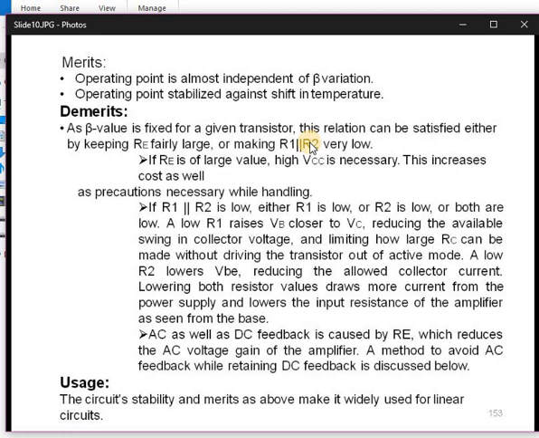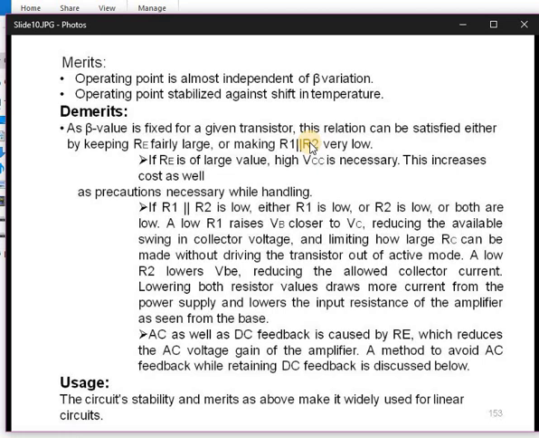Now the demerits. As the beta value is fixed for a given transistor, this relation can be satisfied either by keeping RE fairly large or making R1 in parallel with R2 very low.